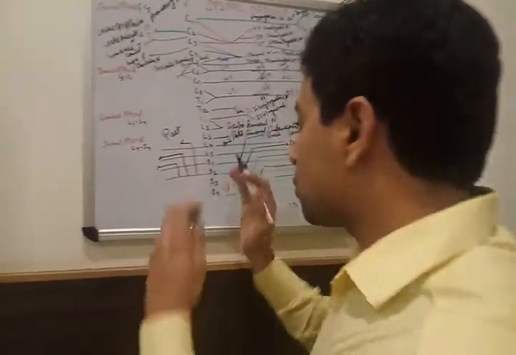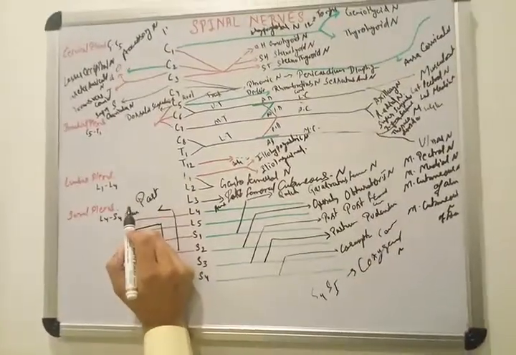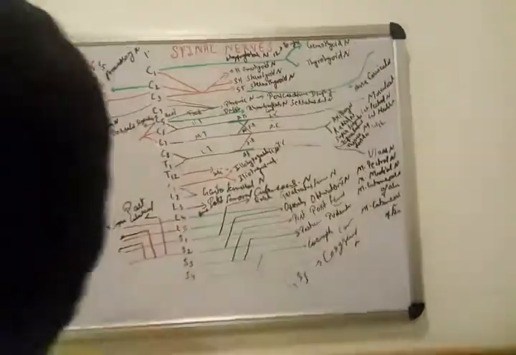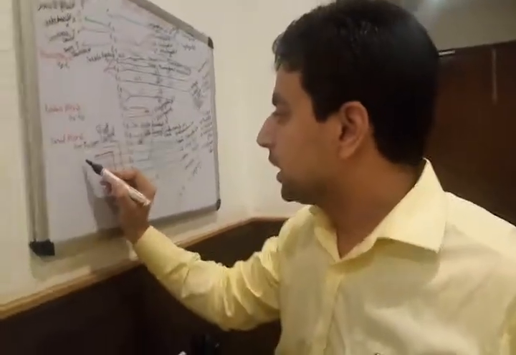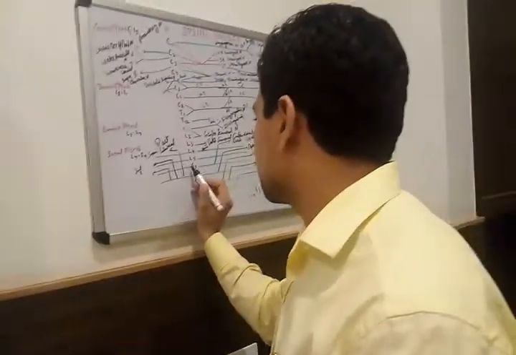Okay, then the posterior part. It's very easy. Superior gluteal nerve supplies the gluteal muscles, gluteus minimus. And the inferior gluteal nerve is from S2, S1, L5.